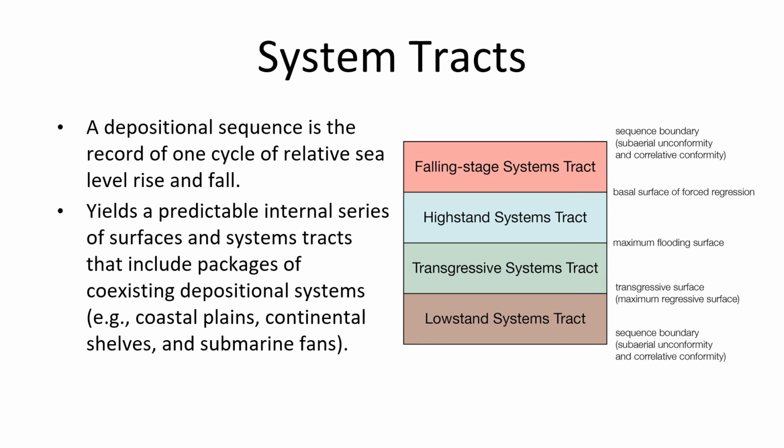They're made up of erosional surfaces. So a systems tract will include packages of depositional systems that all exist at the same time, like a coastal plain, a continental shelf, or a submarine fan. And we have four of these: a falling stage systems tract, a highstand systems tract, a transgressive systems tract, and a lowstand.